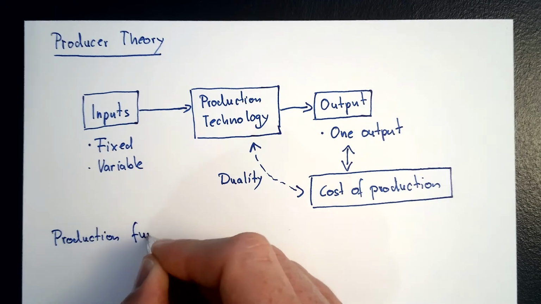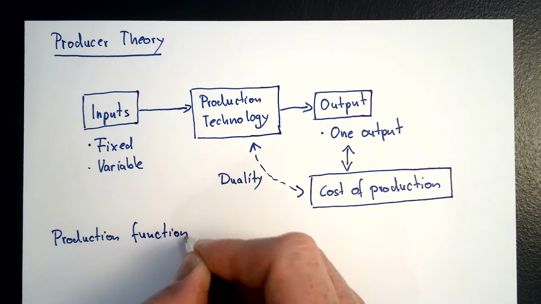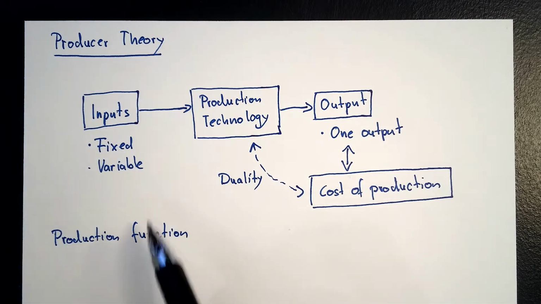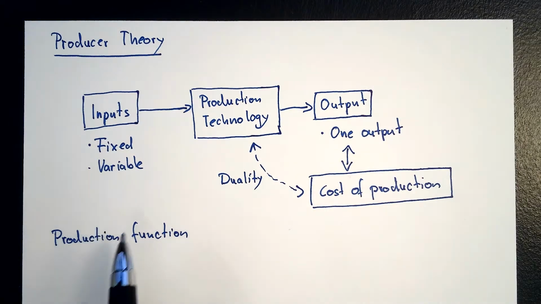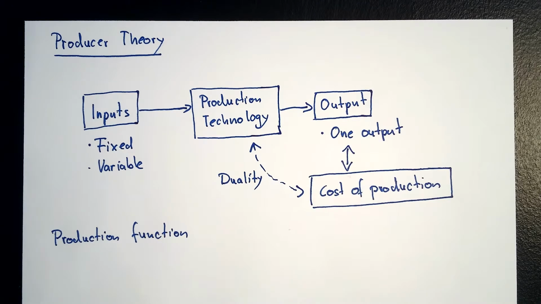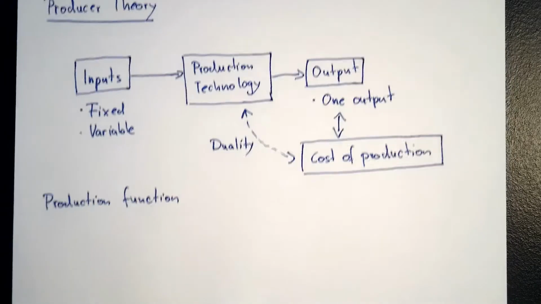Now, I would like you to think about a production function very broadly. Above, I was talking about production technology where we had wood being converted into chairs. Now, think about this a little bit more broadly.